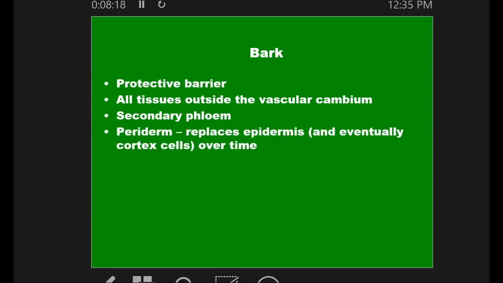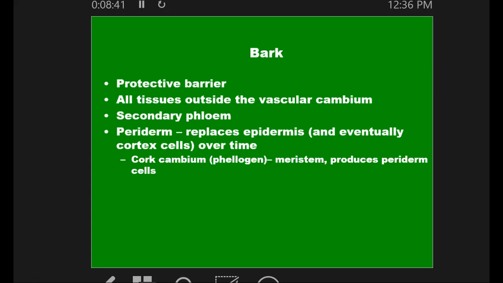And we already talked about the periderm back when we were looking at stone tissues. So initially all plants have an epidermis, and then some plants will shift and start forming the so-called periderm. And then over time, the bark. All right. And so it's just this process that they're going to go through. And so in order to get the periderm and bark to form, you have to have cork cambium.